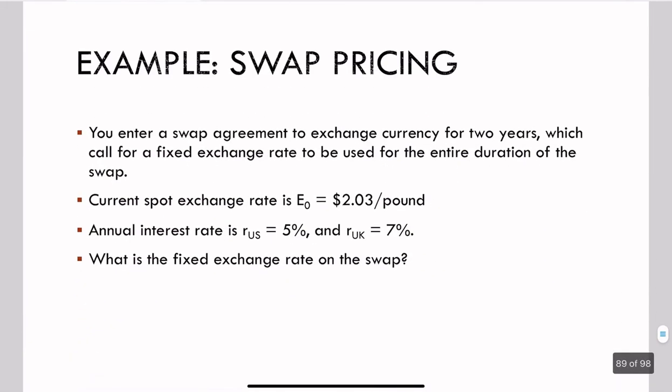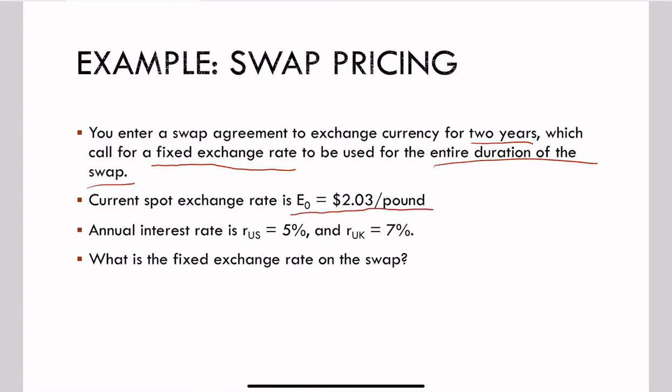Okay, now let's use this formula to find out the price for a currency swap. So let's say you enter a swap to exchange currency for 2 years, right? In this swap agreement, you will have a fixed exchange rate for the entire duration of this swap agreement. Now, the current spot exchange rate is E0.